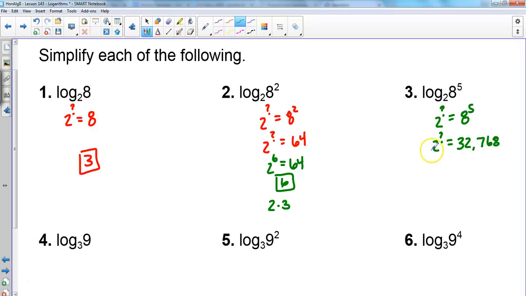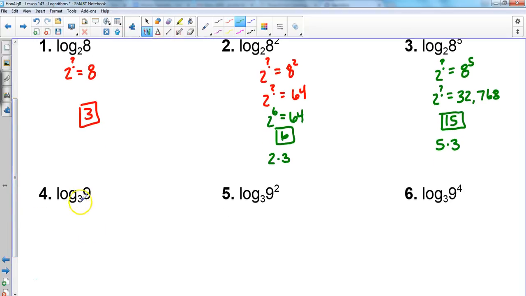So we need to figure out what power on 2 gives us this number, and this will hopefully illustrate my point here. So what we have is, this is going to end up being the 15th power, and you can double check that with your calculator. But again, I'm going to rewrite this in a particular form. I'm going to write this as 5 times 3. So we'll come back to that in a second.